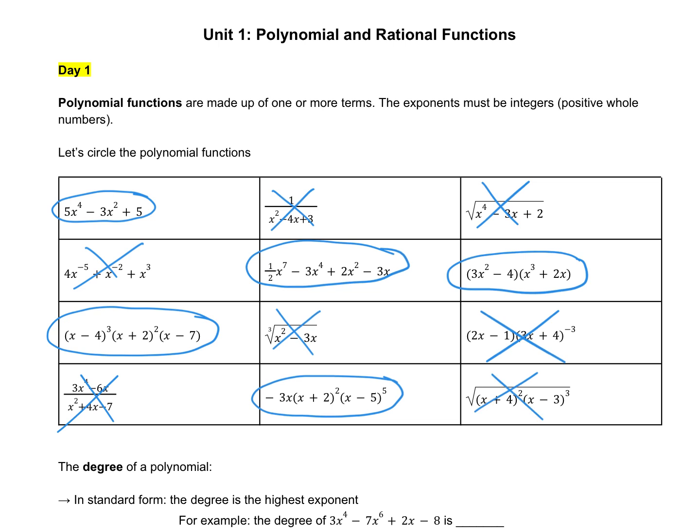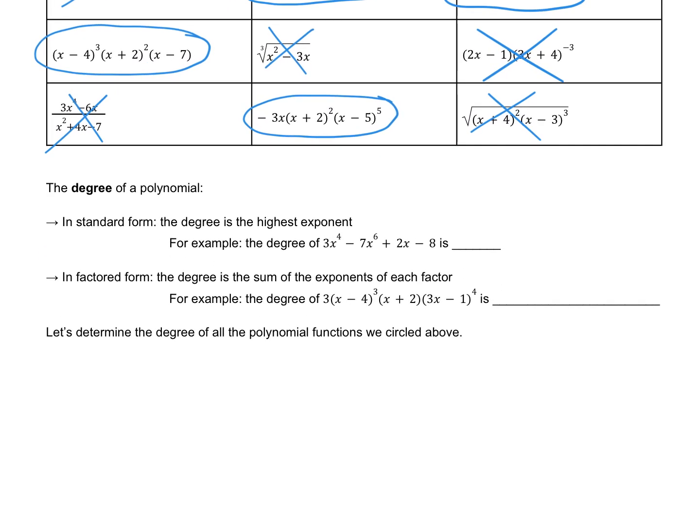Now, once a function is a polynomial, we can start talking about the degree of the polynomial. And we can determine the degree of a polynomial function if it's in standard form or if it's in factored form. When it's in standard form, we don't see any brackets or any multiplication. It's just the terms attached by addition or subtraction.